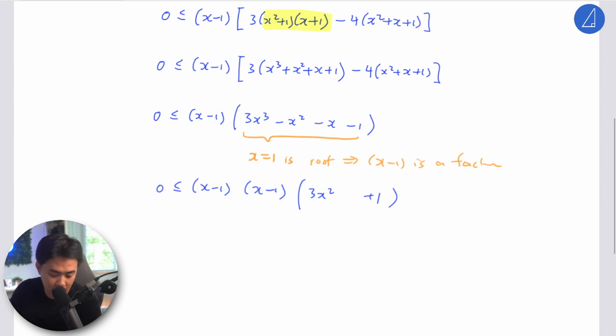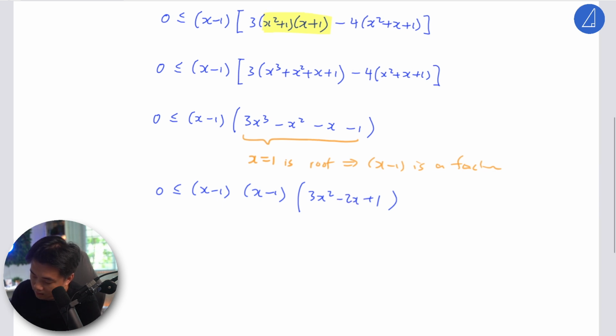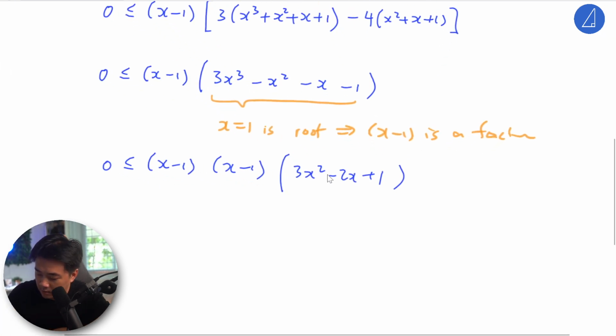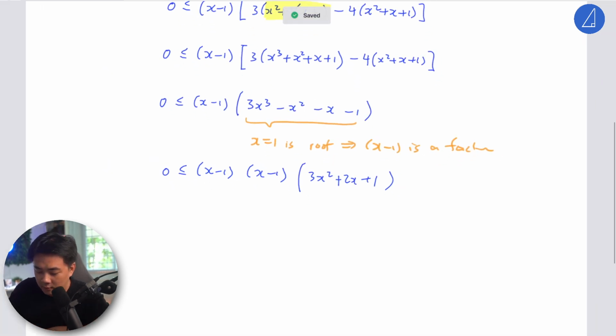Is it minus 2x? This is plus 2x. Either way, you can just use long division to get this expression here. This is what we want to find.